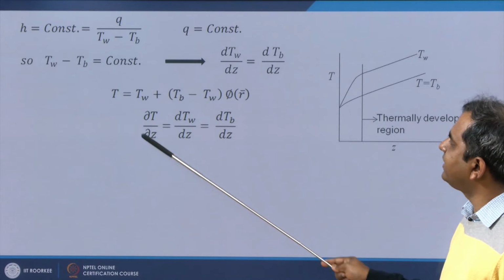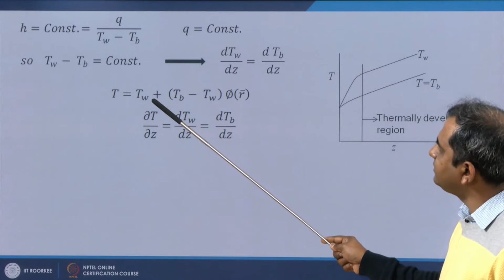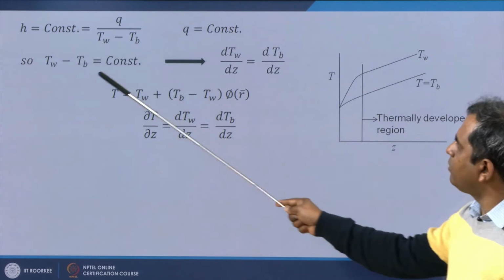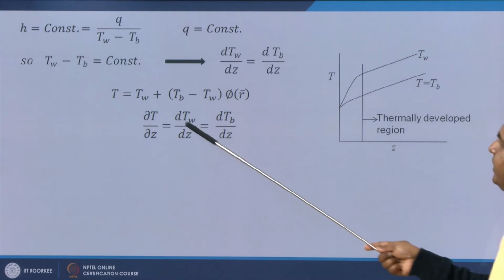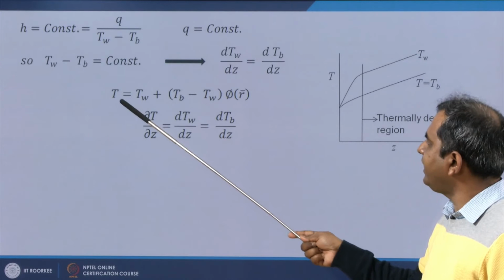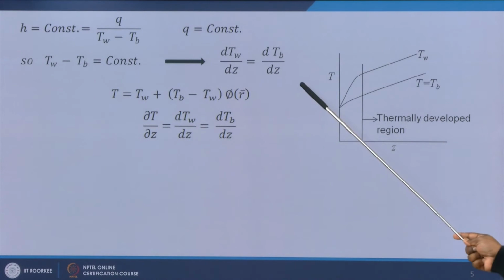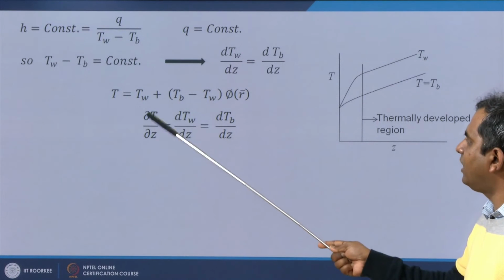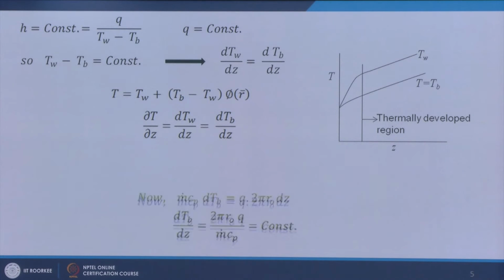So del T del z will remain d/dz of T_w, because this is a constant term as we have proved, and phi is not dependent on z. So we get del T del z is nothing but d/dz of T_w, and we have shown that d/dz of T_w is nothing but d/dz of T_b. So ultimately d/dz of T becomes d/dz of T_b.